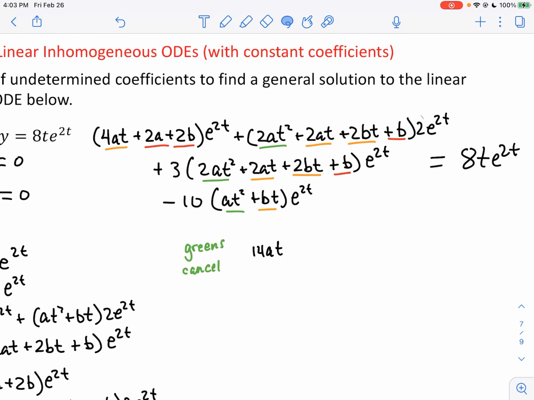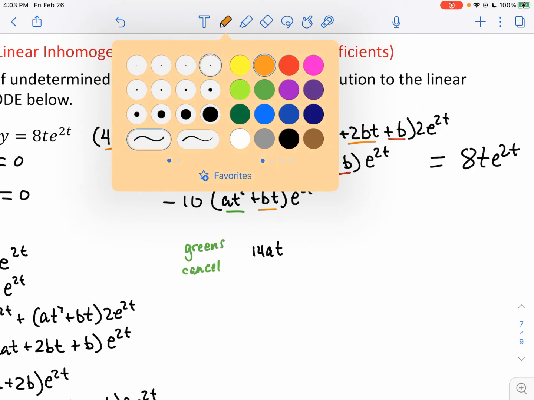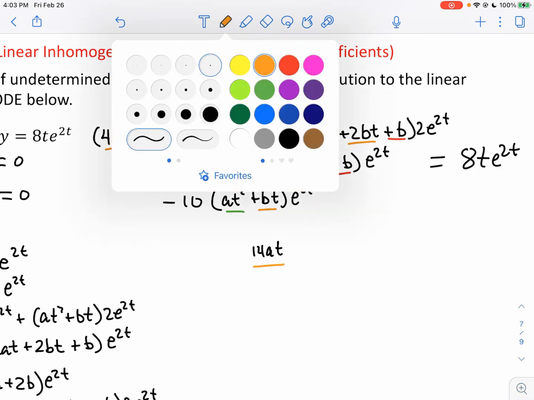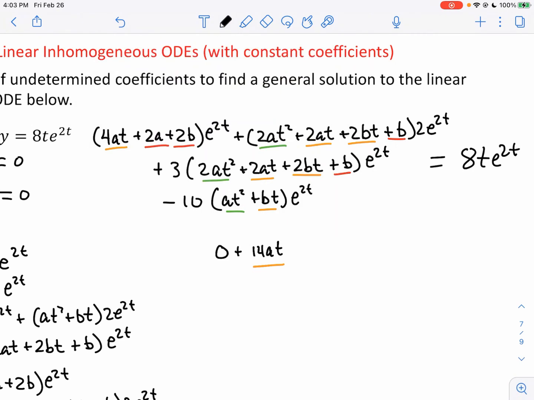That's just the ones that had A, because we still have this 4bt right here, plus a 6bt, that's a 10bt, minus a 10bt. So those cancel. So all the oranges combined to be 14at. Let's write it this way. I'll underline the greens. So all the greens became 0, all the oranges became 14at.